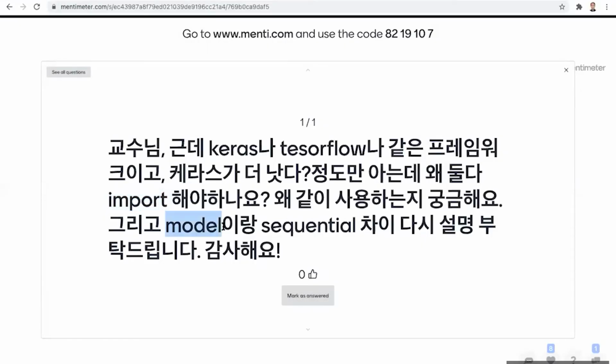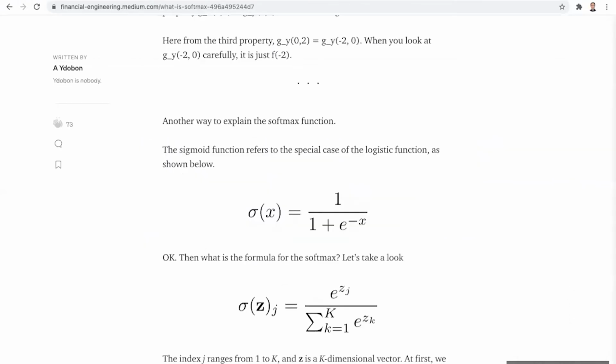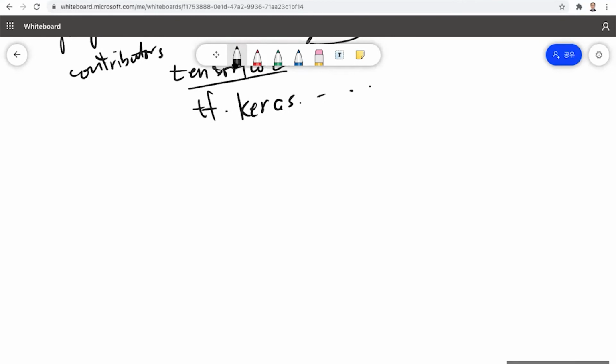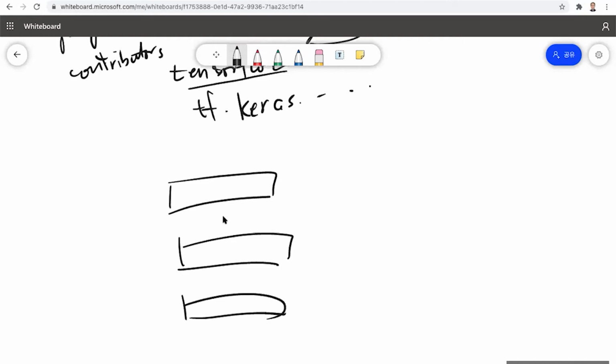Okay, and model and sequential. Sequential is a simplified version. The network structure you can make with sequential is always sequential.